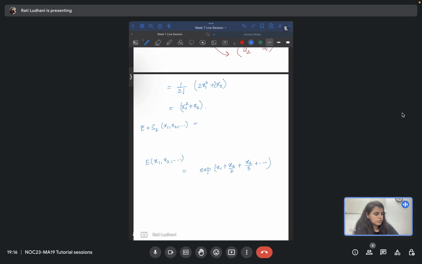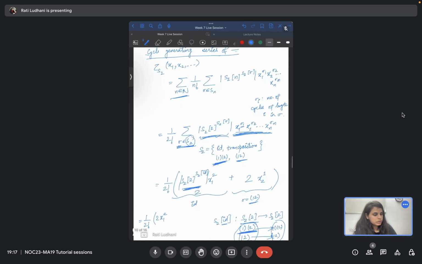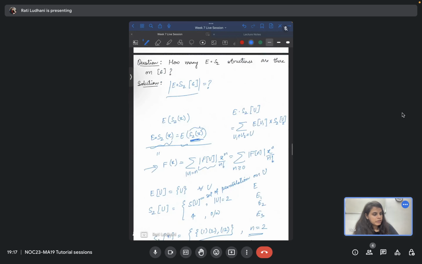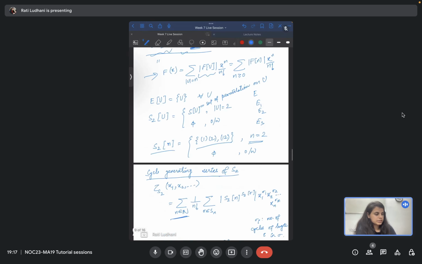Now you have to do this, and you need to find the composition, right? So now you are concerned about calculating the E of S2 structures on 6, right?